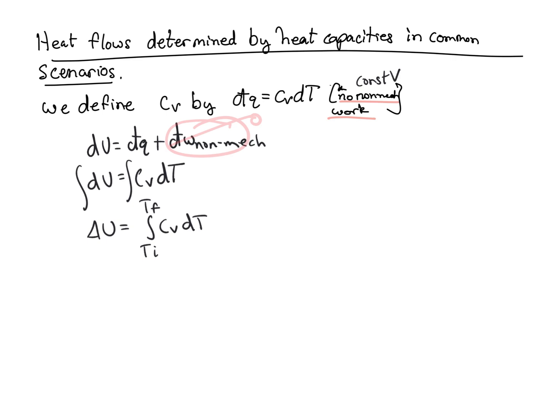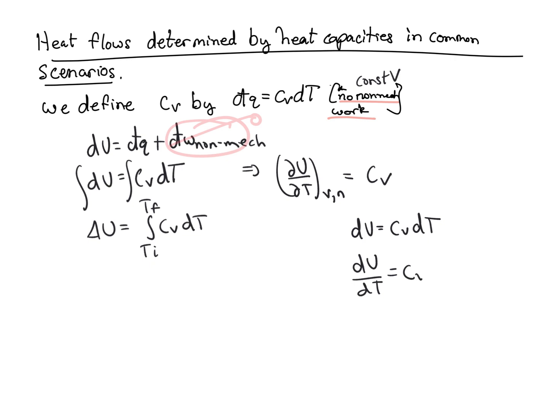This does match our previous definition as well. Remember that the formal thermodynamic definition is dU/dT at constant V and N is equal to CV. And we can see that this matches the definition here, because we have dU is equal to CV dT, and so dU over dT is equal to CV. Again, our conditions here were constant volume, also constant moles. We're not changing moles in any of these processes. And the no non-mechanical work is not a limitation here anymore, because this is our definition of heat capacity.